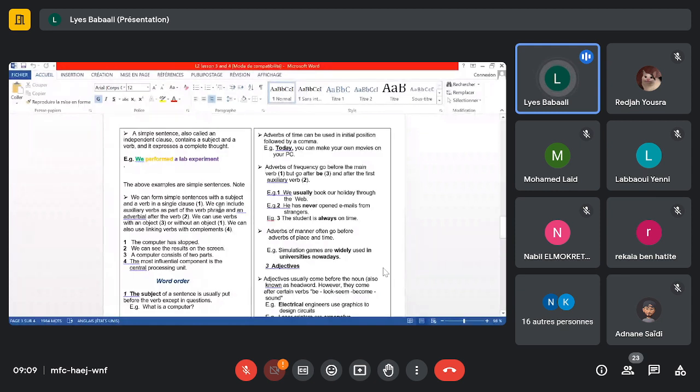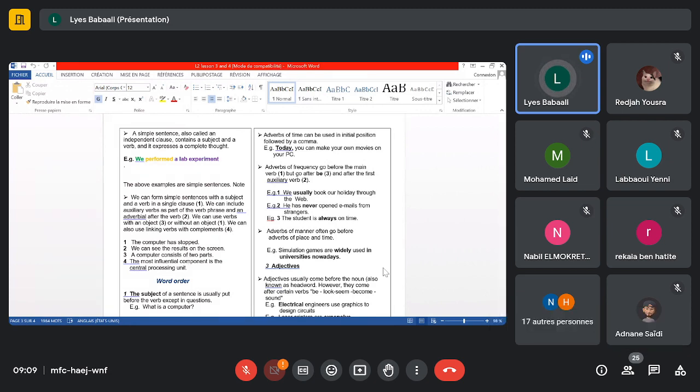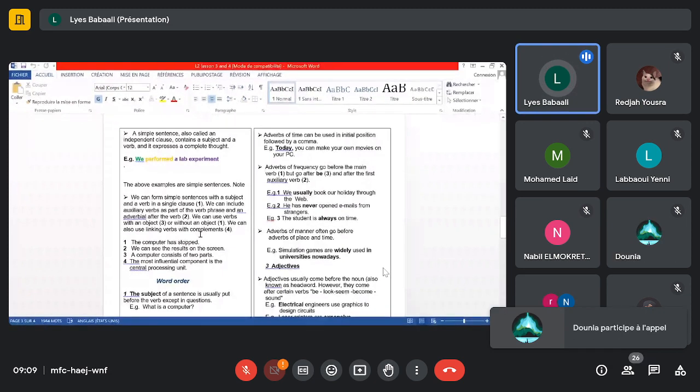It could be an adverbial clause, or it could be something else. Like here, let's see this example. We performed a lab experiment. Here we have the subject in green, and we have the verb, and we have a complement of the sentence: a lab experiment.